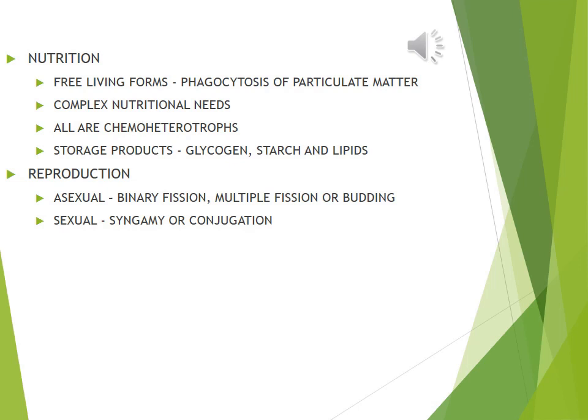In ciliates, if two different nuclei are present, the one which is biggest will be called your macronucleus, and the one which is smallest will be called your micronucleus. Macronucleus controls your metabolic and regeneration process, and micronucleus controls the reproductive activity.